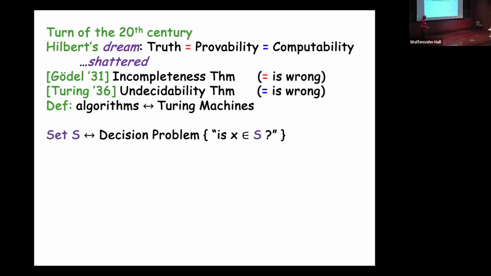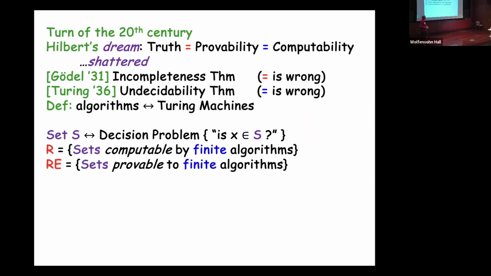I'll talk about theory. What are we computing, first of all? For the rest of the talk, we are computing just decision problems. We are given some set, and we want to know whether a given input is in the set or not. Yes, no answers. Or we may be interested in proving that X is in S. These are the problems we face. And then Turing defined two sets. I mean, he didn't really define them, but talked about them. One is everything computable by finite algorithms.